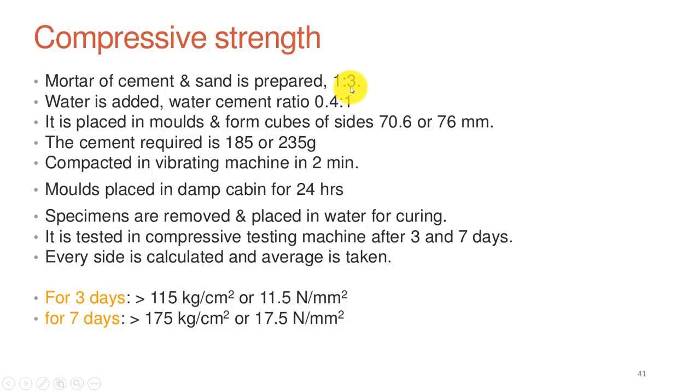For example, you take a 1:3 cement to sand ratio, take a water cement ratio of 0.4, and form the cement molds of around 76 millimeters. Then the cement is compacted for 2 minutes by vibration, and it is allowed 3 days and 7 days curing. When you have strengths of these values, 11.5 megapascal and 3.5 megapascal, this is the strength of a cement paste.